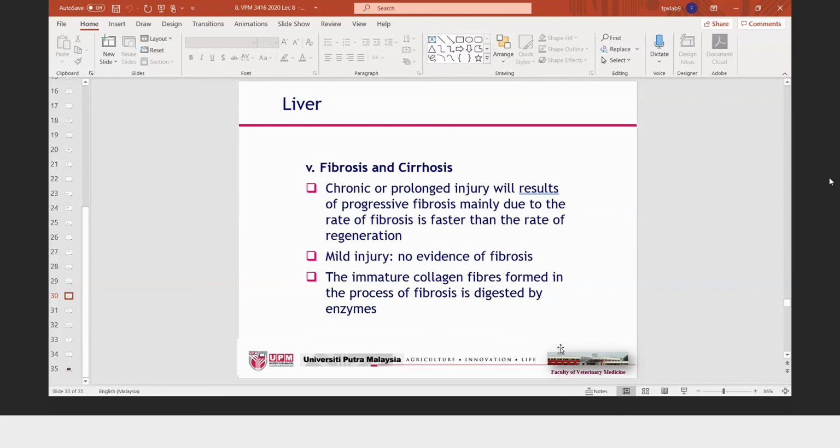When the rate of necrosis is more than the rate of regeneration, that leads to fibrosis, and in severe form, cirrhosis. In mild injury, you don't expect to see any fibrous tissue. Immature collagen fibers form, and the fibrosis is digested by enzymes if there is only mild injury. So hepatic fibrosis or cirrhosis is very important, as I mentioned earlier, partly because the rate of necrosis is much faster than the rate of regeneration.